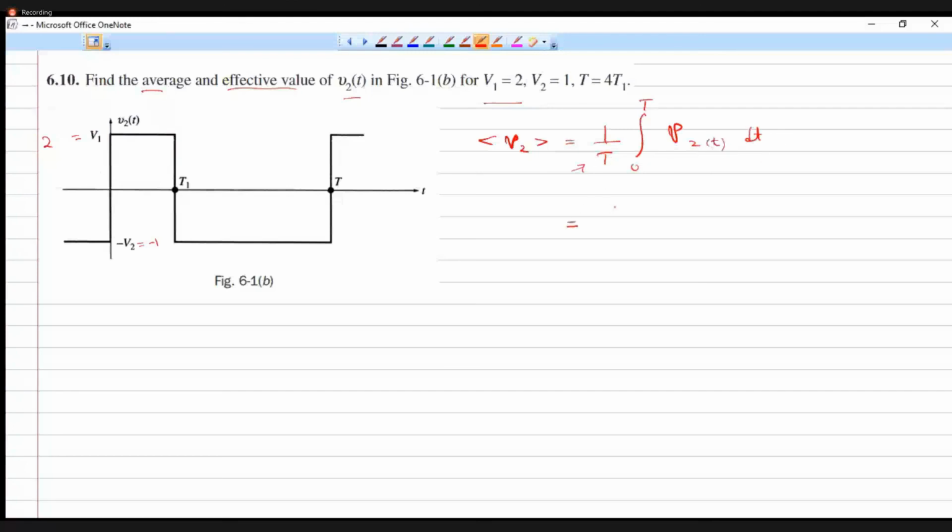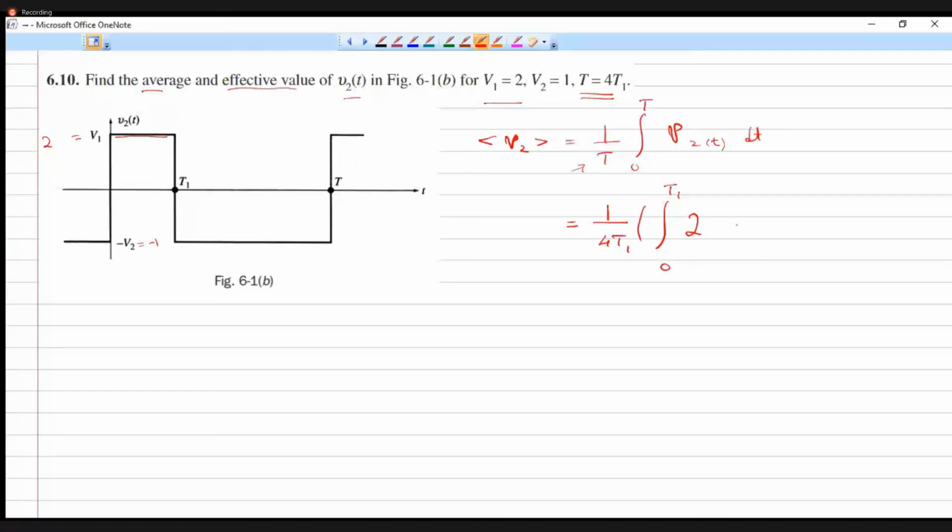Quickly tell me what is the time period? T is given here as 4 times T1, 4 right? T1. Yes, sir. It is 4 T1. And tell me the limits of the integral. How can I split it? 0 to T1. Value of the function is 2, right? Up to T1, the value of this function is 2.